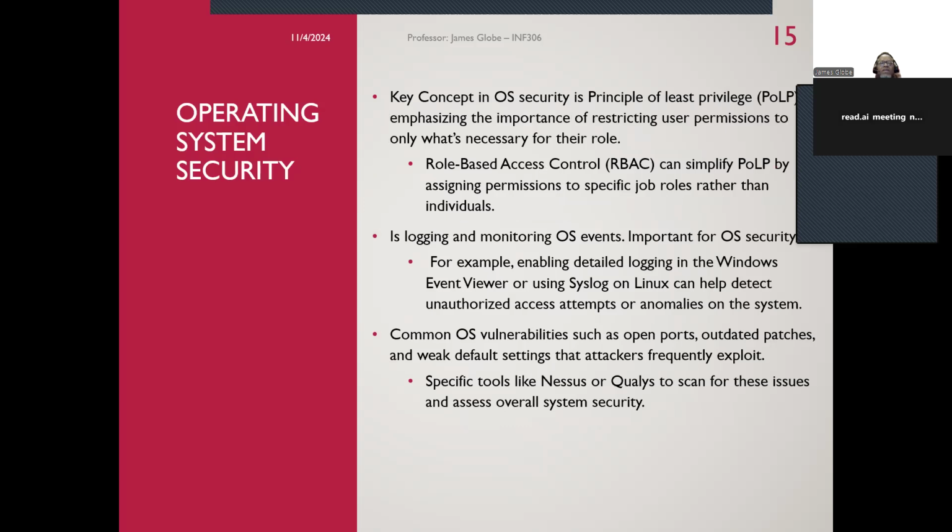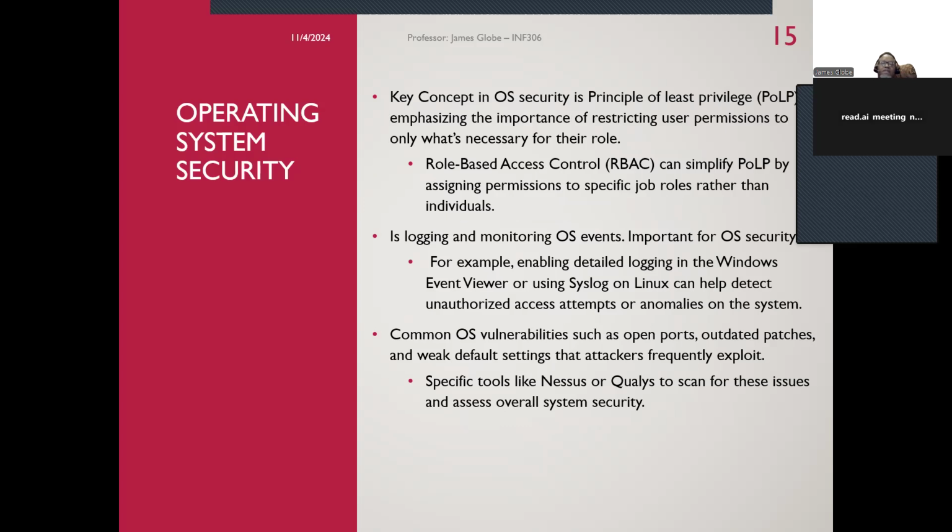A key concept in OS security is the principle of least privilege, PoLP, which emphasizes the importance of restricting user permissions to only what's necessary for their role.